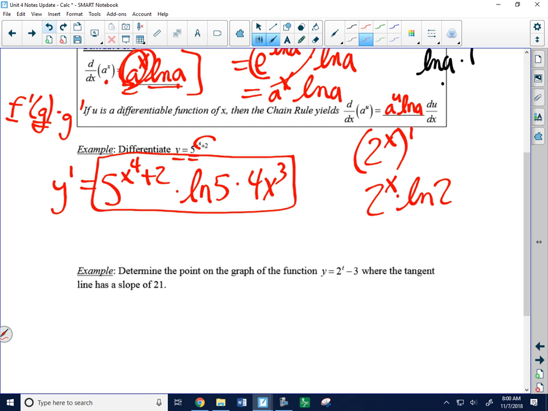Again, nothing can combine there. So f prime of g, that was this, and then the g prime was over here, the 4x cubed. And then I also need ln of my base, which was 5. Sorry, forgot that at first there.